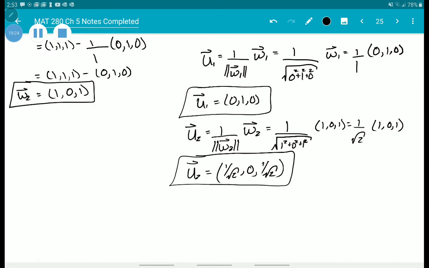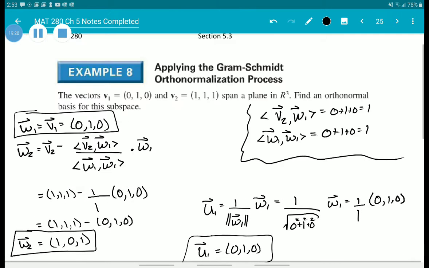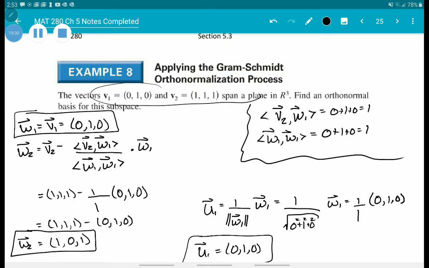So now U1 and U2 form an orthonormal basis that spans the same space as this one.